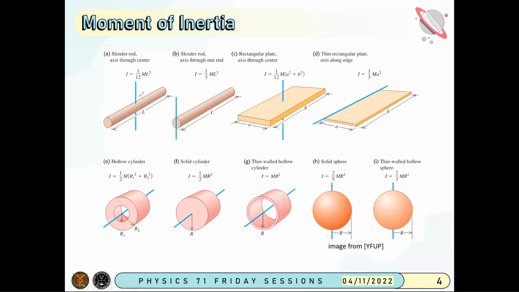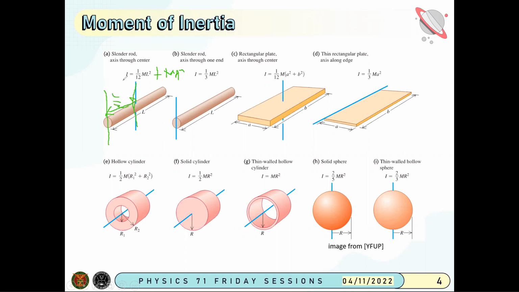Okay. So halimbawa, ito, 1/12 ML squared. Ito yung through the center of mass. Right? Paano to? Nasa gilid. Diba? So alam ko, mag-a-add ako ng md squared. Yung m, same lang naman yan. Same mass. Right? But yung d, kung nandito na yung axis of rotation ko, is this distance, which is L over 2.